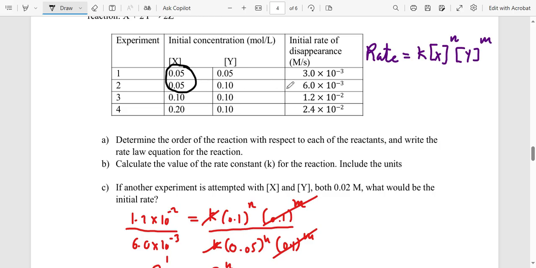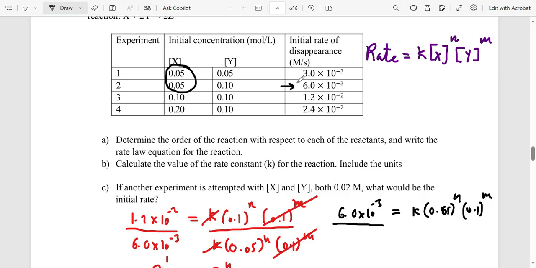The rate for the second one is 6.0 times 10 to the power negative 3. That will be equal to K. The concentration of X, you can see, is 0.05, raised to the power N. Concentration of Y, 0.1, is raised to the power M.